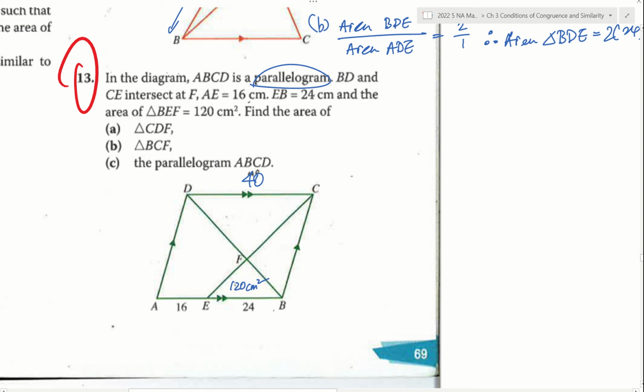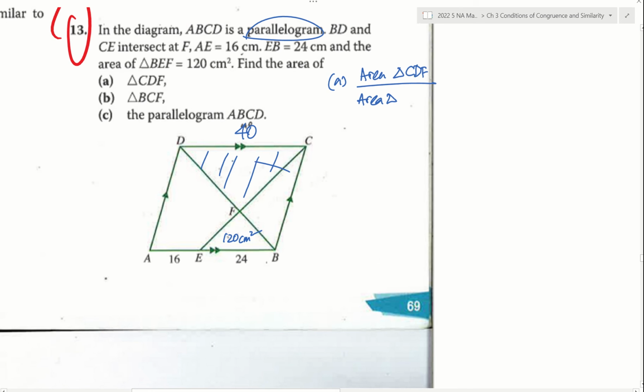Find the area CDF. CDF, you can tell that this is again a similar triangle to the triangle at the bottom. So part A, area CDF. Look at the format. Always put it in terms of a ratio, a fraction, divided by area of the similar triangle at the bottom.